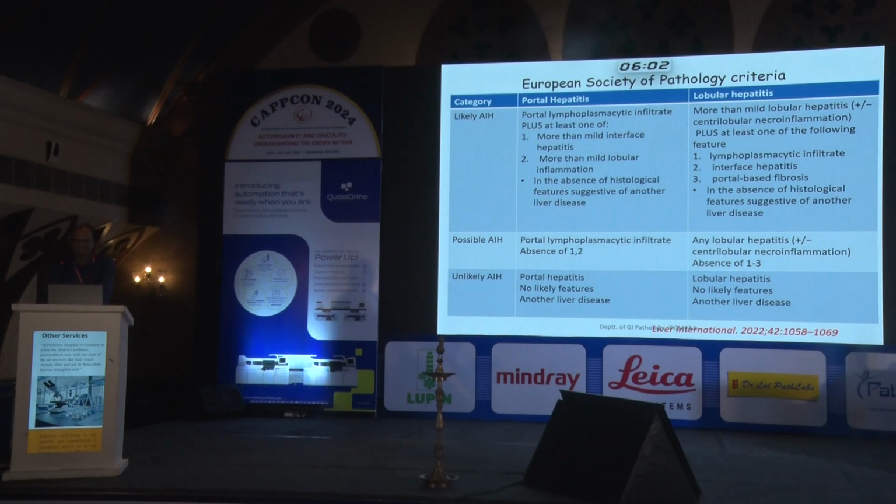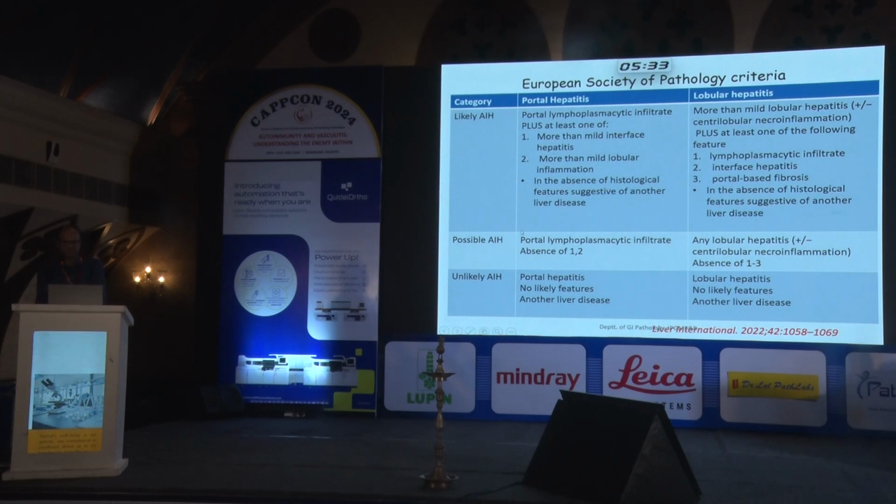And the newer system is the European Society of Pathology criteria, which develops the categories as likely for AIH, possible for AIH, and unlikely AIH. It is divided again into two types, portal hepatitis and lobular hepatitis, where predominantly lymphoplasmacytic infiltrate is present, in portal or only in the lobule. One of these two must be present to call it likely for AIH.